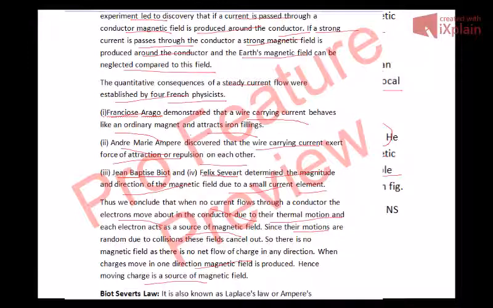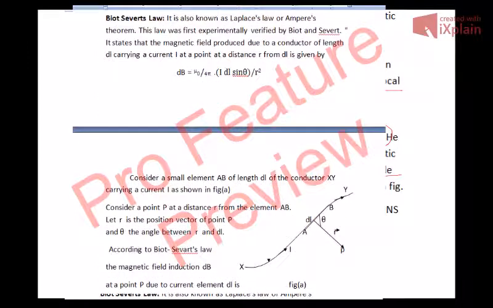Now let us discuss Biot-Savart law. It is also known as Laplace's law or Ampere's theorem. This law was first experimentally verified by Biot and Savart, as I told you, independently.